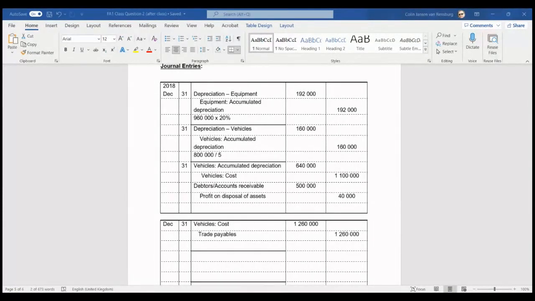So there we have now recorded the whole transaction, the derecognition, as well as the amount that is owed by the person or other entity that has purchased the vehicle from us, as well as calculating whether we are making a profit or a loss on the disposal of this vehicle.